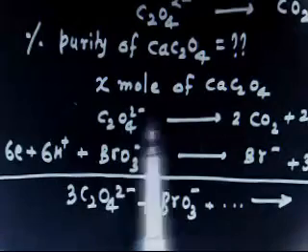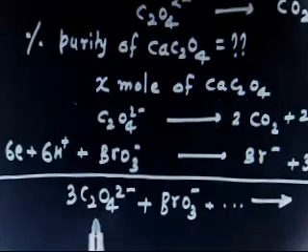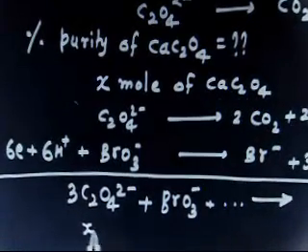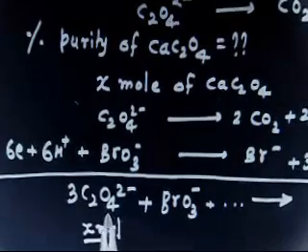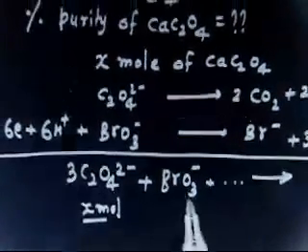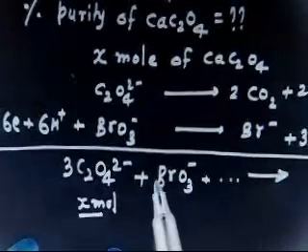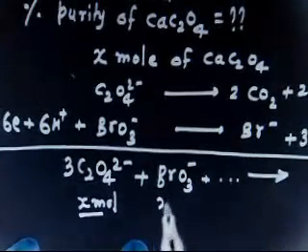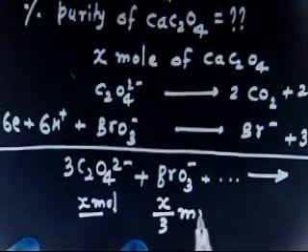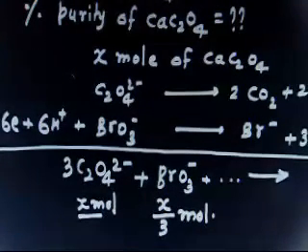Now I know the mole of CaC2O4, that is the mole of C2O4 2 minus, is x. So what is the mole of BrO3 minus? 3 mole of oxalate reacts with 1 mole of BrO3 minus, so x mole will react with x by 3 mole. So the mole of BrO3 minus is x by 3.